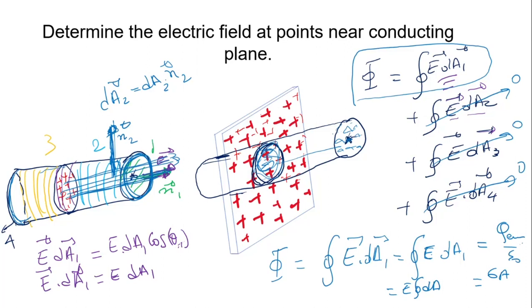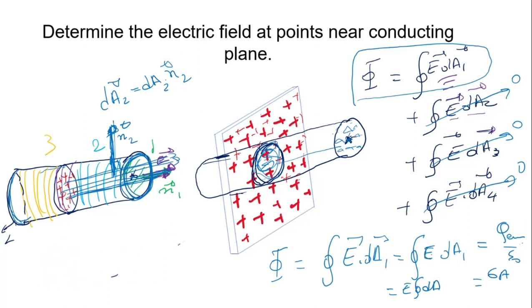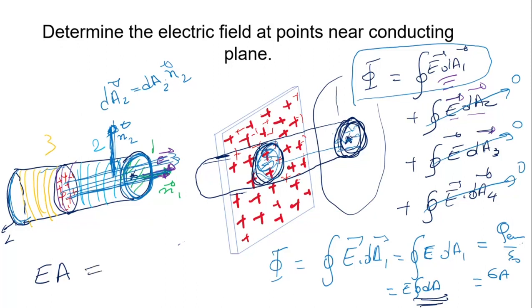So, let's clean this and continue here. We said our electric field times the integral of this area will be just the total area, if I integrate over the whole plane. And this equals sigma times total area over epsilon 0.